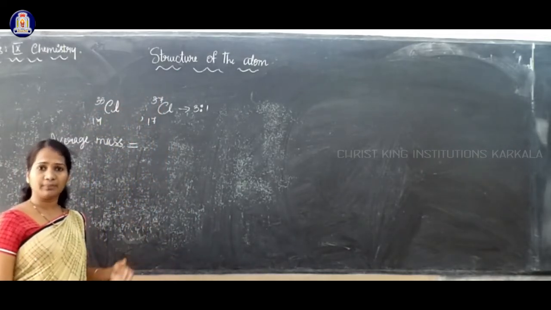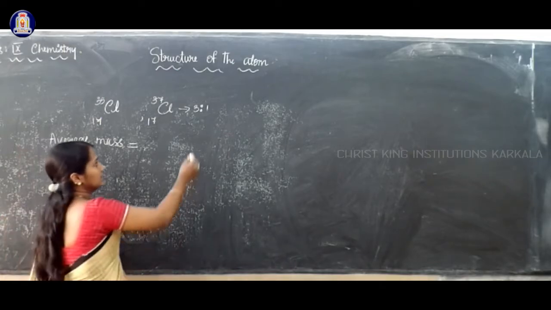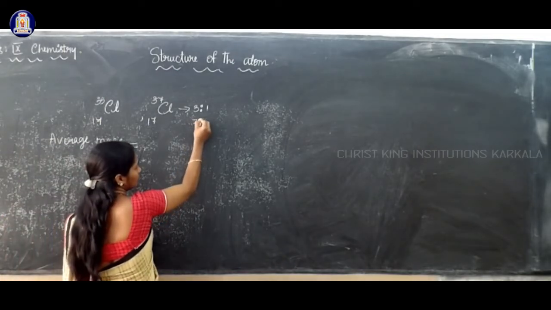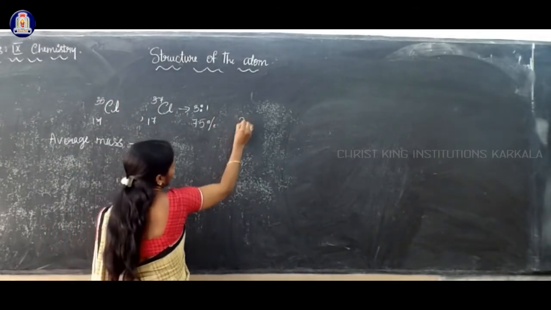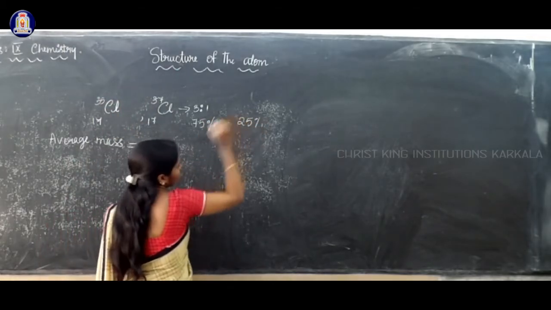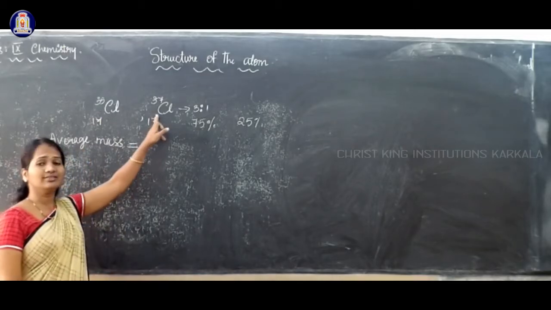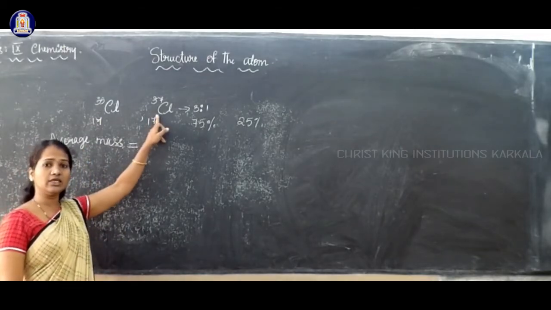If you say it in percentage, 75% chlorine 35 is present and 25% chlorine 37 is present. 3:1.